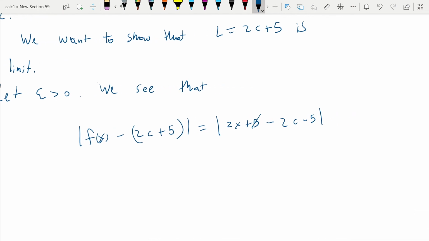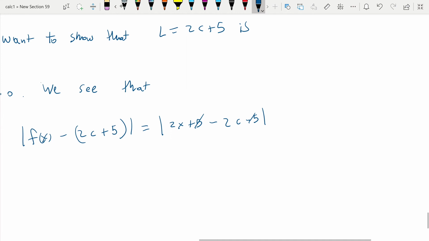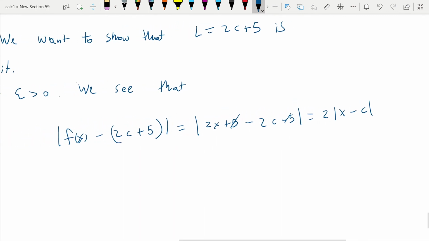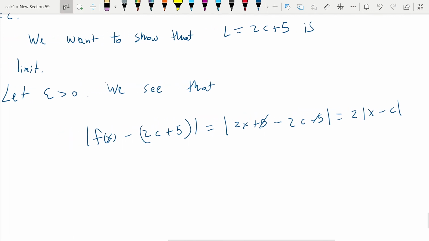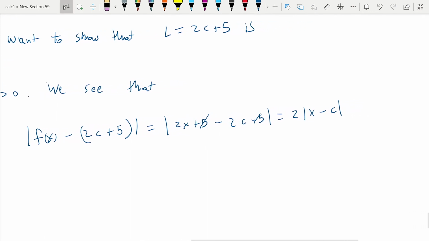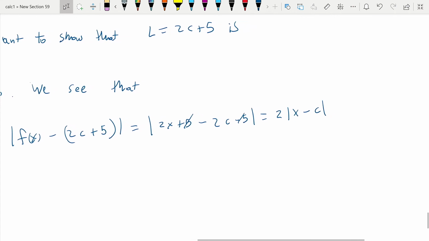And we can cancel out the 5's, and we get 2x minus 2c. So we can factor out a 2, and 2 comes out of the absolute value because it's positive, and the absolute value of 2 is the same as 2, times the absolute value of x minus c. So we want this to be less than epsilon, provided the absolute value of x minus c is less than delta.